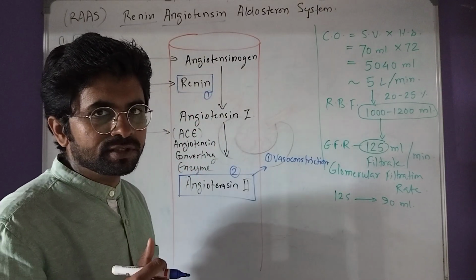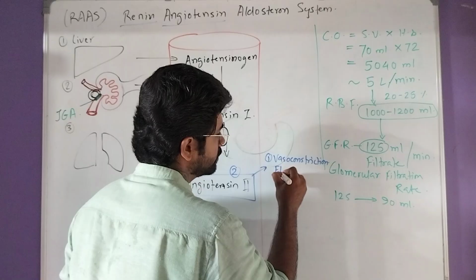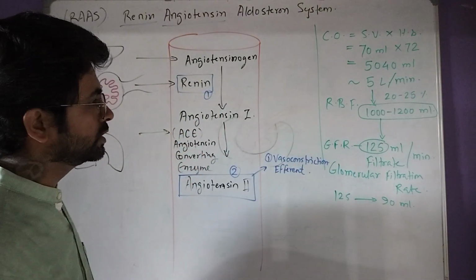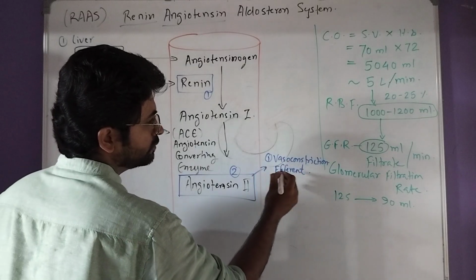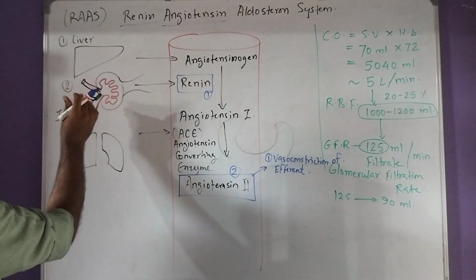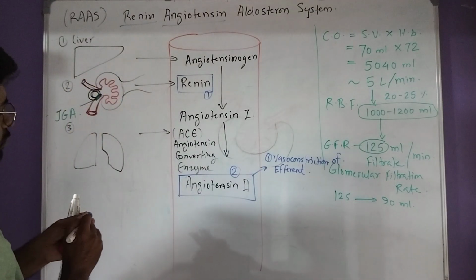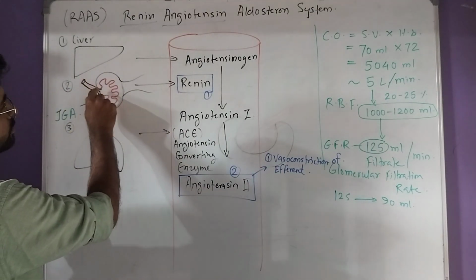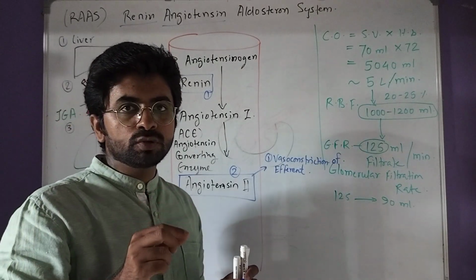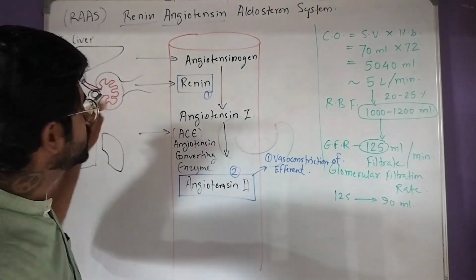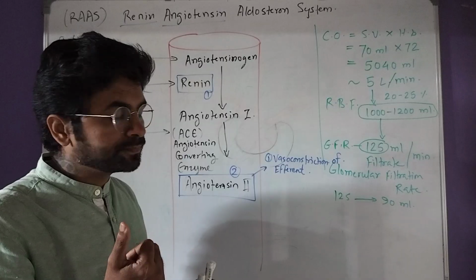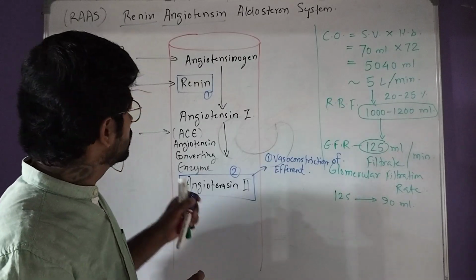Which vessel gets constricted? Efferent. So vasoconstriction of the efferent. When the efferent gets constricted, its diameter will reduce, and it will automatically create some pressure in this area. So your glomerular hydrostatic pressure, this is the glomerulus, is created by hydro, meaning water.